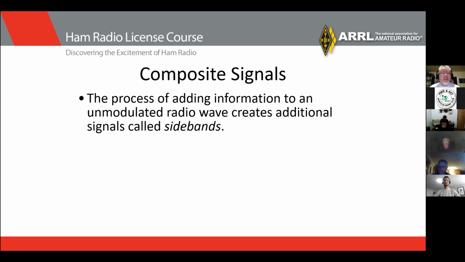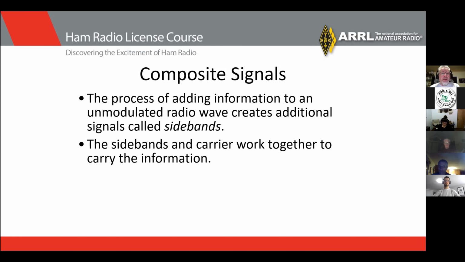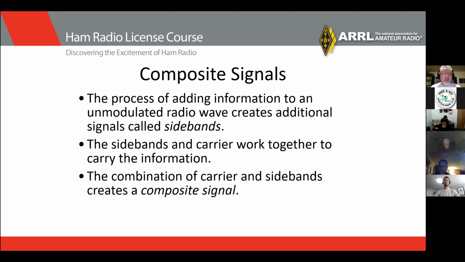Composite signals. The process of adding information to an unmodulated radio wave creates additional signals called sidebands. The sidebands and carrier work together to carry the information. The combination of carrier and sidebands create a composite signal.